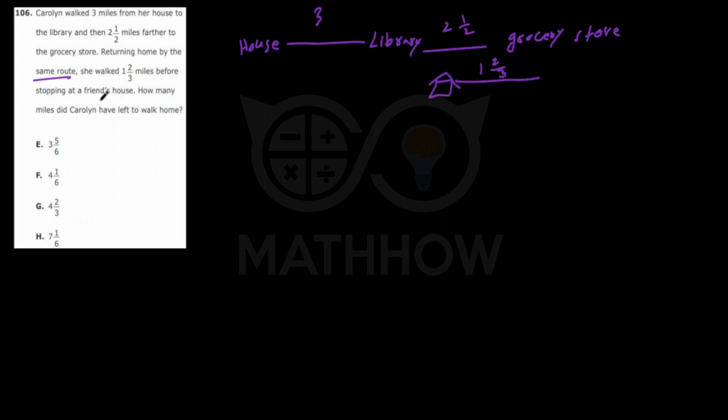So, how many miles did Caroline have left? How many miles she has left to reach her home? Suppose this is the unknown value. This is the value that we need to find.